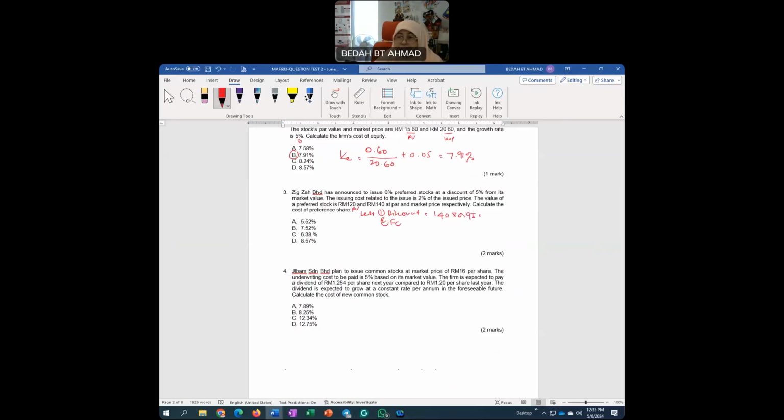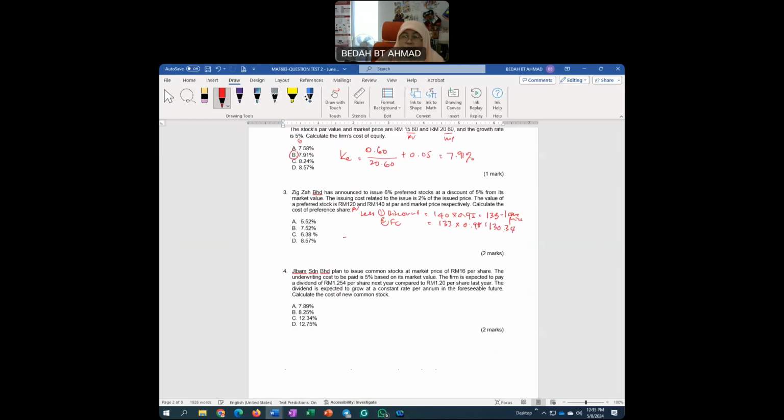So that is 133. Then after that, you compute the deduction for the issuance cost. So 133, and because the issuance cost is 2% of the issue price, 133 multiplied by 98%, 0.98, so 130.34.